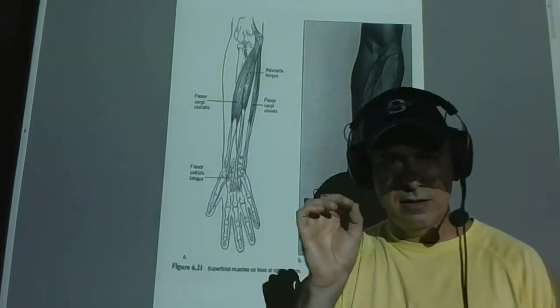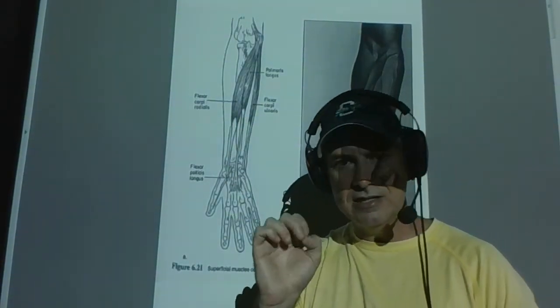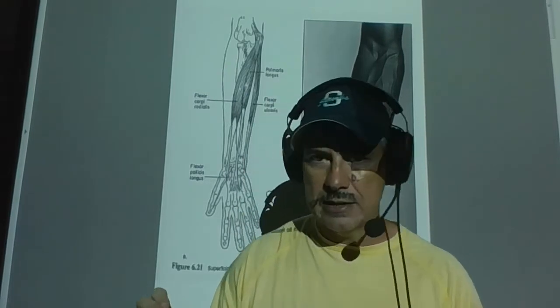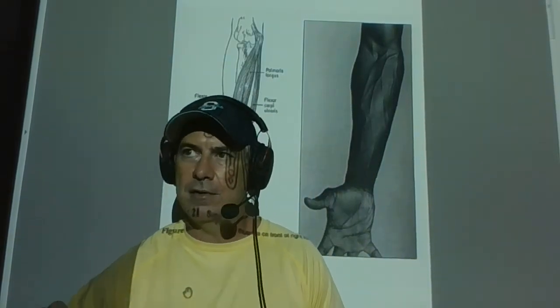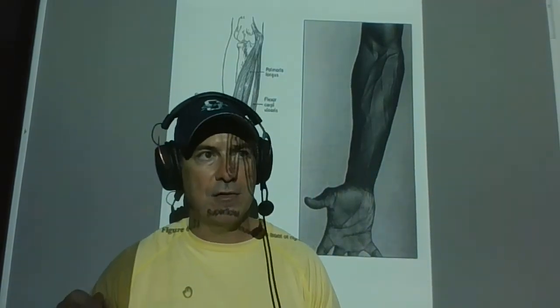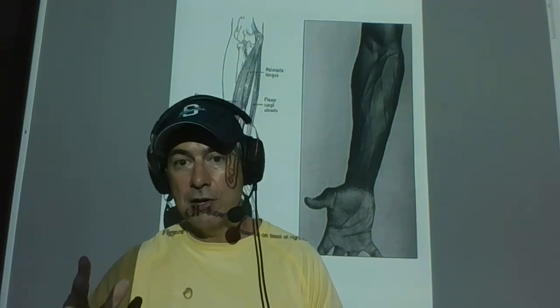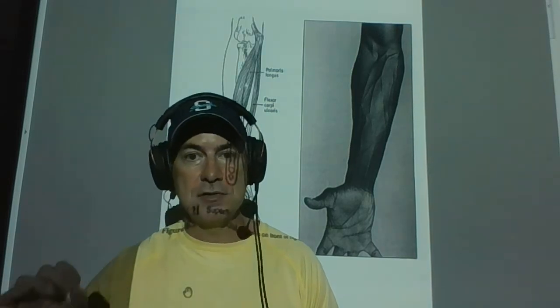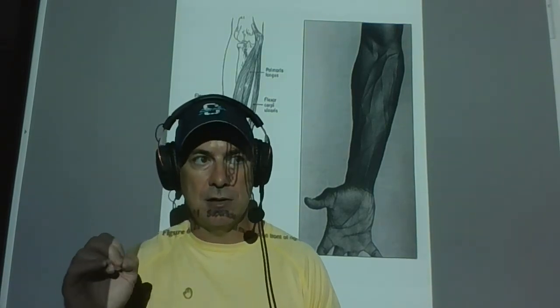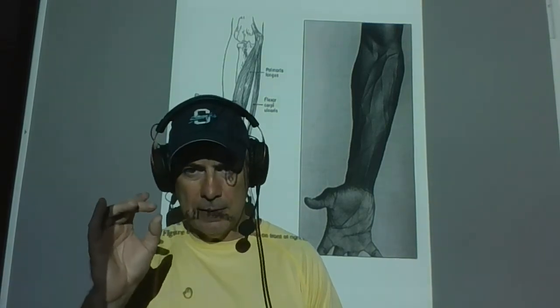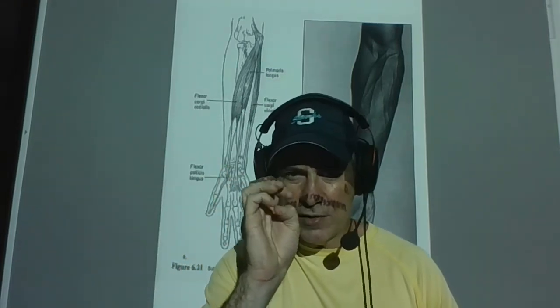Hand dexterity, the little motions, the little intricate details that you do with your hands, require a ton of nerves. You have to have a very equal ratio of nerves to muscle fibers, because you have to be able to move intricately.